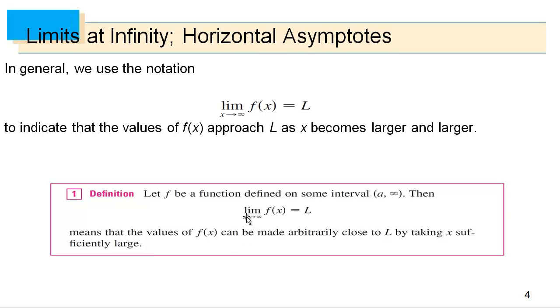Well, now because we're letting it go to infinity, we can't say x gets sufficiently close to infinity, which really doesn't exist. So instead we just say it gets sufficiently large. So it's the same definition you have seen before, only now we're talking about what happens at infinity. And of course there's no difference when we talk about what happens at negative infinity. The only difference would be taking x sufficiently small.